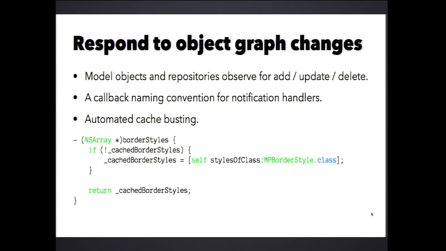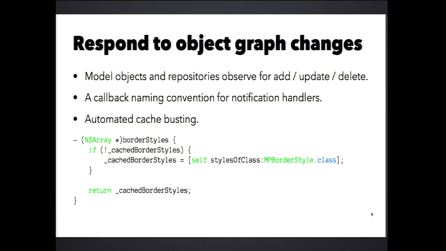Anyway, we've also got this idea of automated cache busting that's based around these updates, baked into the repository and the model objects. For instance, I've got a styles controller which has a property called border styles, which is populated by a method called styles of class that ends up doing a database query. Let's assume that is very costly, and that border styles is being accessed often.